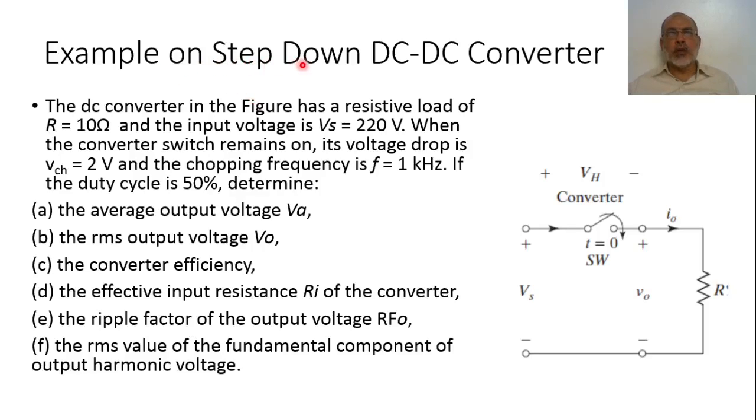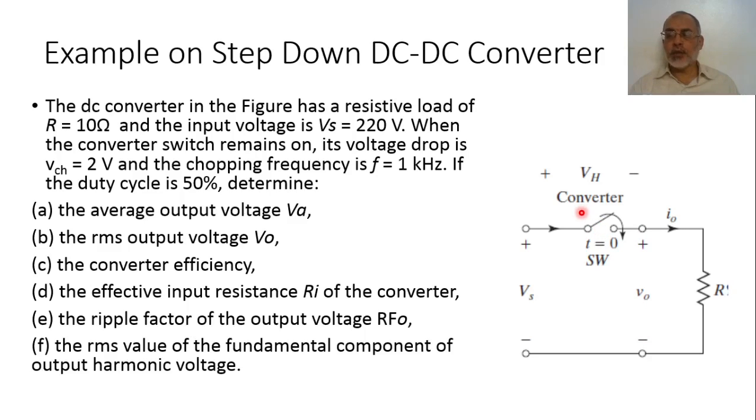Example on step-down DC to DC converter. In the previous video, we presented the basic theory of the step-down DC to DC converter, and we said that it is composed of a chopping circuit that chops the input DC voltage such that the output will be equal to the input when the switch is on, and it would be 0 when the switch is off.